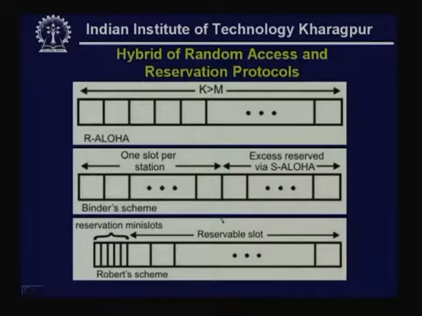Let us quickly have a recapitulation of the techniques that we used. We have already discussed in detail reservation aloha, which is used when the number of ground stations is larger than the number of channels. The reservation is done by directly trying to send in different slots. So this is called reservation aloha.